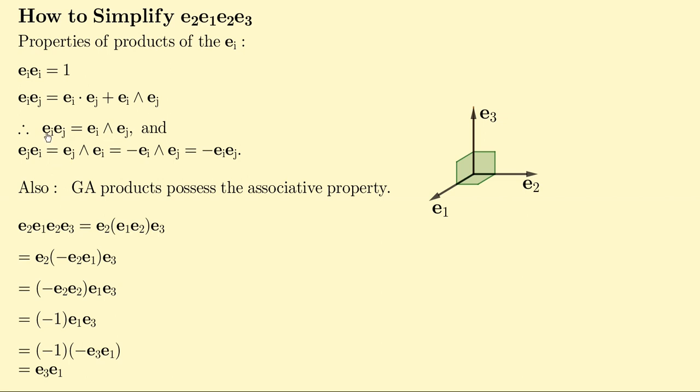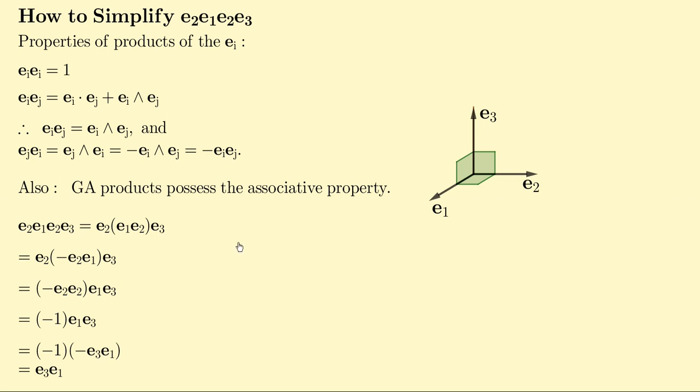And also, if we reverse the order here, EJ EI is EJ wedge EI, which is the negative of EI wedge EJ, giving negative EI EJ. So this is an important property that we'll make use of many times in geometric algebra. If we reverse the order of these basis vectors in the product, we will reverse the sign of the product.